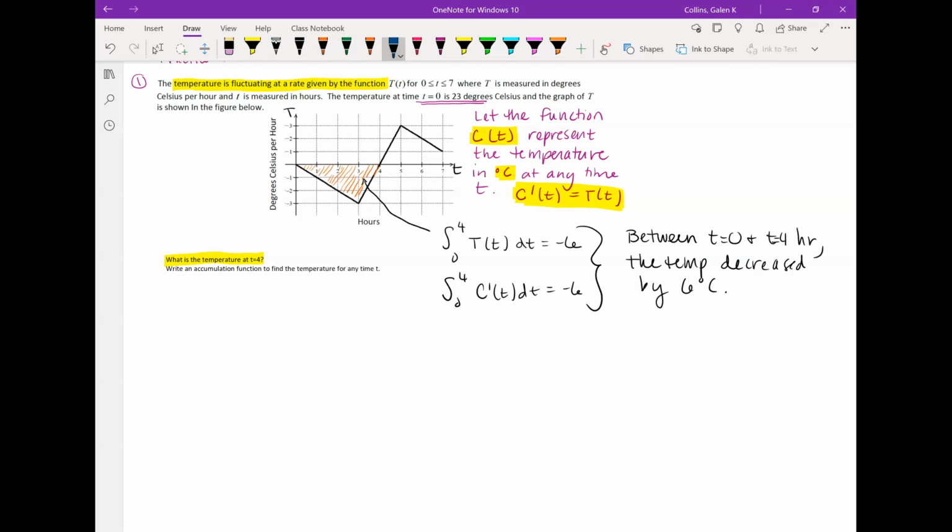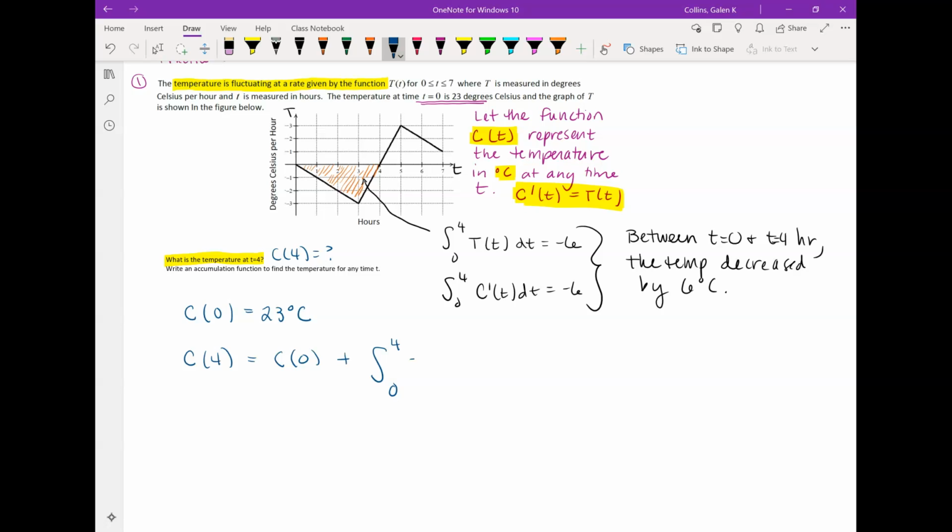So according to the function that I wrote, I could think of C of 0 is 23 degrees Celsius. And if I want to know the temperature at t equals 4, what I'm trying to figure out is what is C of 4? Well, that's going to be whatever the temperature was at 0 plus the change from 0 to 4 of, we would integrate the rate of change of the temperature.